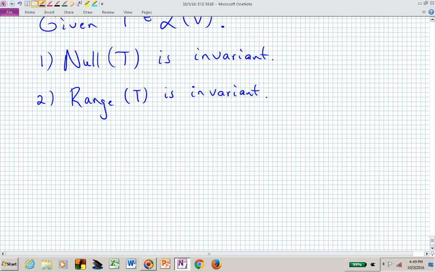If we operate on that vector with the linear map T, we'll end up in that same range space of T. We'll be back in the range of T. There are some other invariant subspaces.